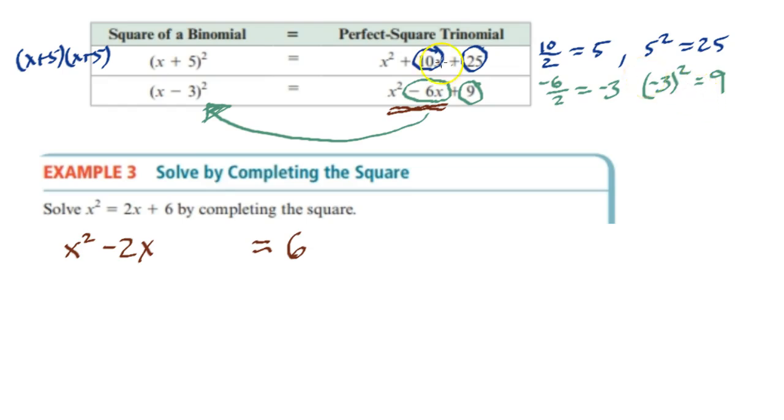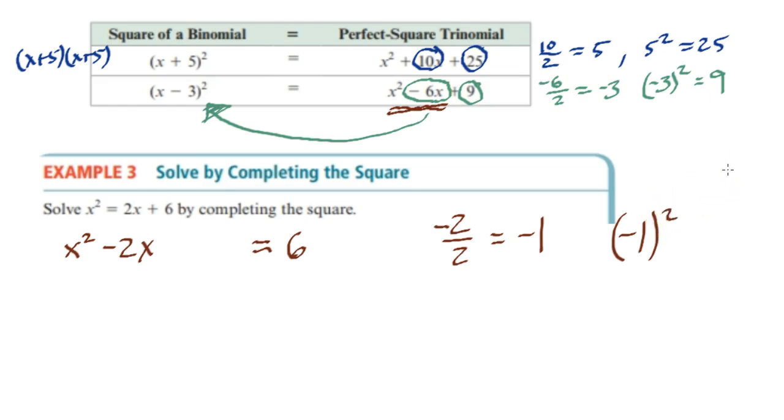So what we notice with the perfect square trinomial, as mentioned before, is if we divide the coefficient of the x term by 2, so we take the -2, like the 10 and the -6, and we divide it by 2, we get -1.